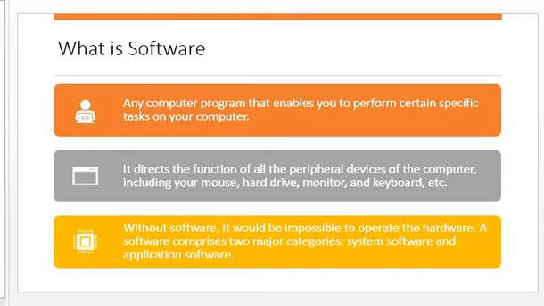But simply put, software is any program that enables you to perform a specific task with a computer or with a computing device. It is interesting to note that most of the devices that we are using these days contain some software of some sort.